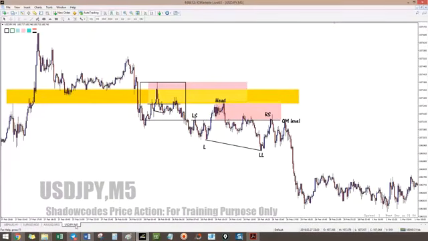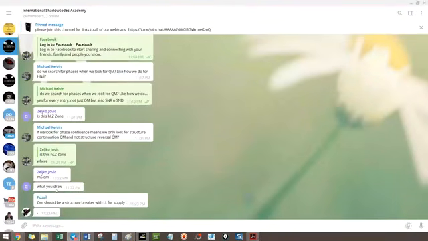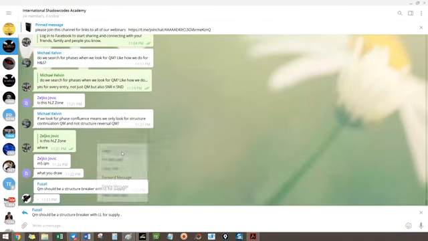Okay, QM should be a structure breaker from low force supply. Structure breaker is for confirmation of excessive.